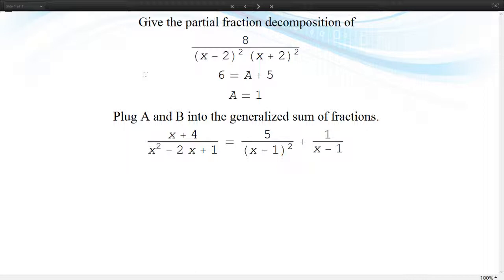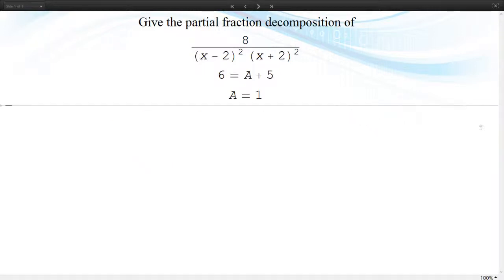Now, with this, we have two terms that have powers greater than 1. So that means that we're going to have to represent each of those in every power up to the power that's present in the denominator.